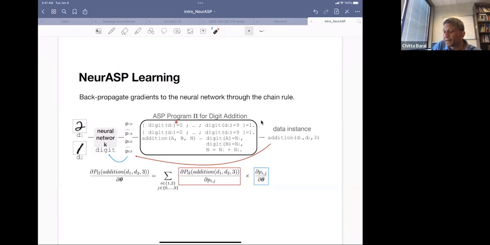There is nothing here that gets updated. This is just the logical part. The only parameters are here in this framework. In the previous classes, you had logic programming rules where the parameters were here and you could make changes. So here there's a clear separation between the neural network and the ASP part.